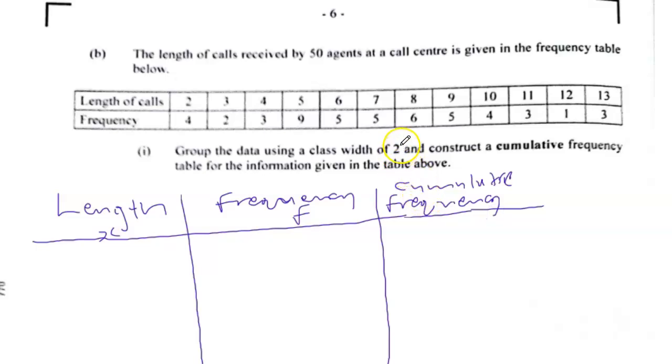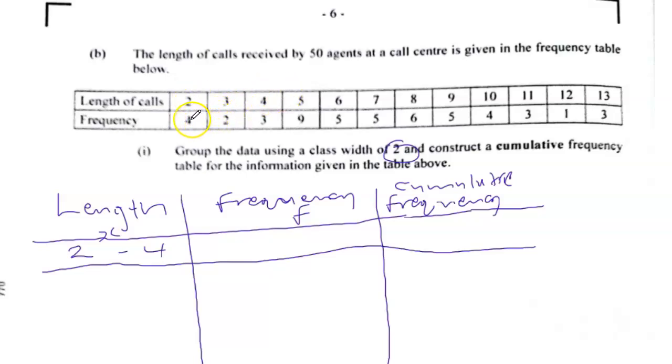So we are told the class width must be 2. Let's start from the shortest length of call, which was 2. So 2 to 4. Make sure the class width is 2. We look at how many calls range from 2 to 4, with 2, 3, and 4.